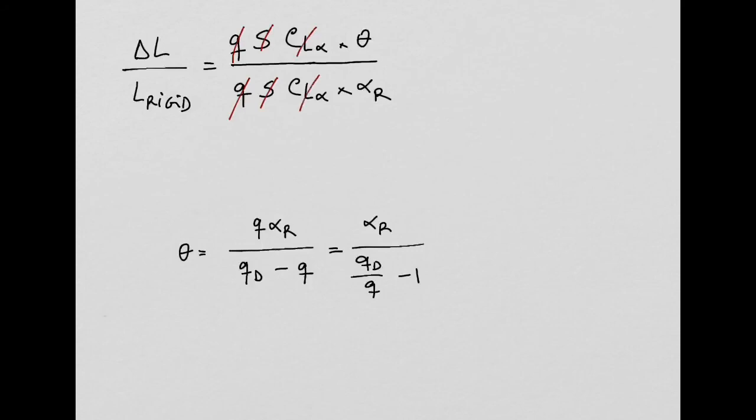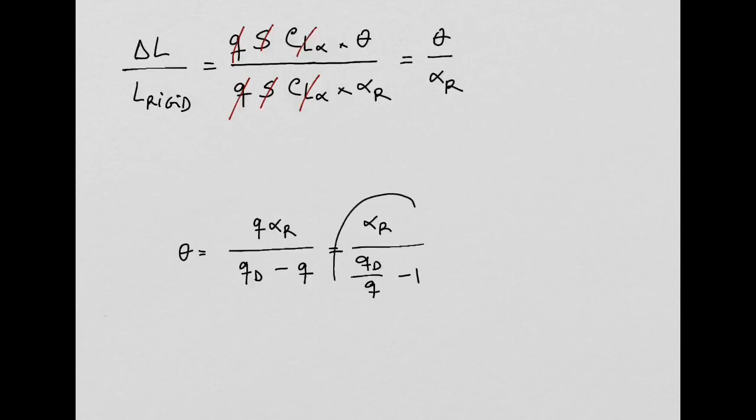So all of this cancels out, and then we have at the end theta over alpha r. Theta over alpha r will give me the variation of lift over the lift when we consider our wing rigid, right?